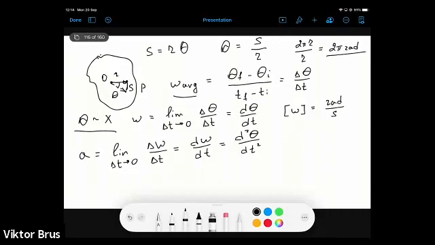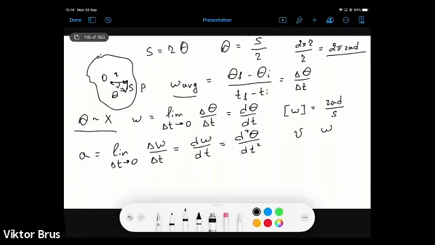So we have also an equivalent parameter for linear velocity. This is angular velocity, and the same also for acceleration. We have a linear acceleration vector and angular acceleration vector.